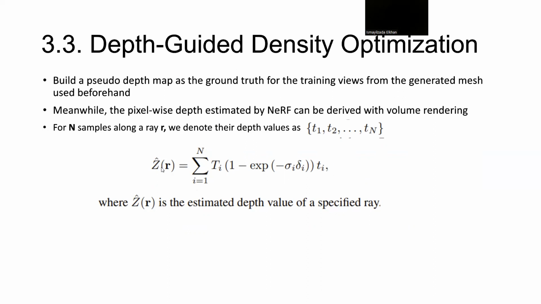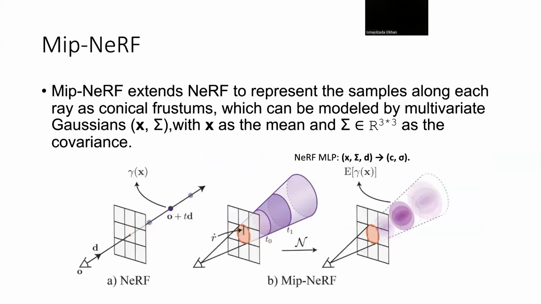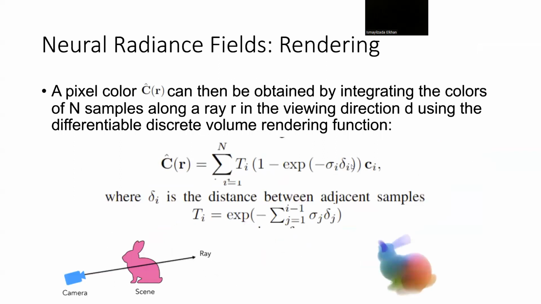So again, this is the point to look at the way we get the depth representation from the volume density that NeRF has generated. If you notice, this ZR is similar to the original NeRF representation of the CR, where for query points and some generated corresponding volume density, you use the color prediction and then you integrate over it, and then you get this color value.